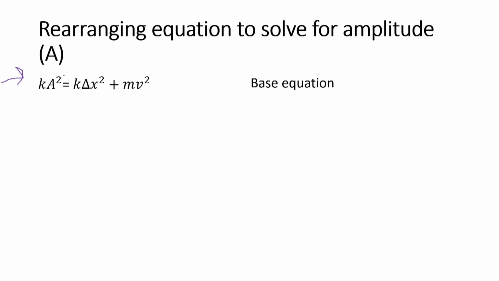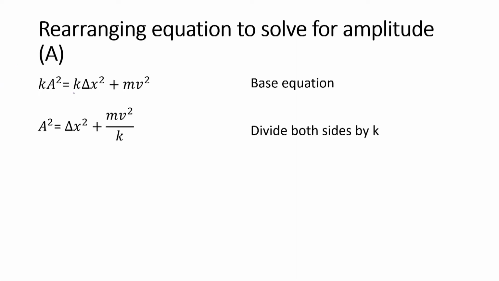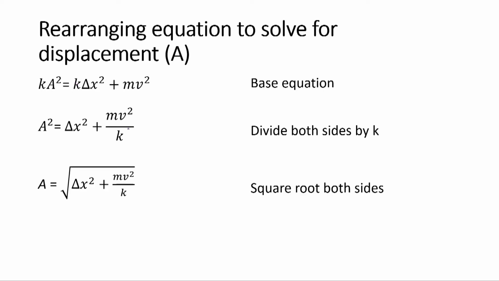And now we're going to solve for the amplitude, which is A. So we take our base equation. Next step is to divide both sides by k. And since the k appears here, it cancels out with that. And then we end up with mv squared divided by k being added to it. Now we take the square root of both sides.